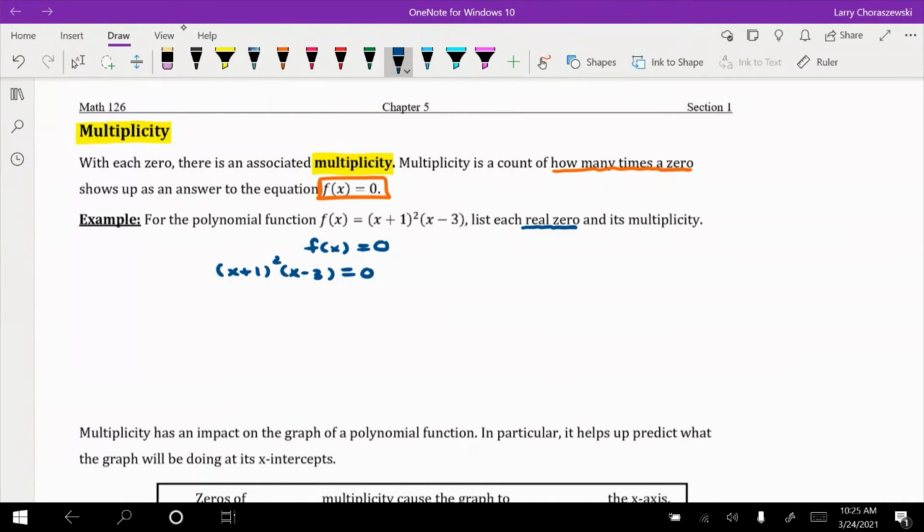And this expression is almost fully factored. I'm going to put it in its fully factored form by breaking up x plus 1 squared as 2 factors of x plus 1.